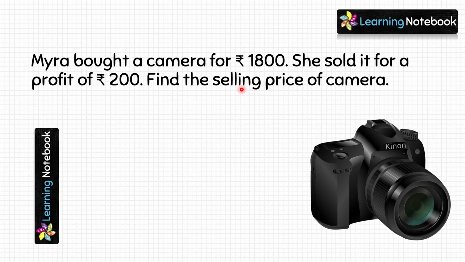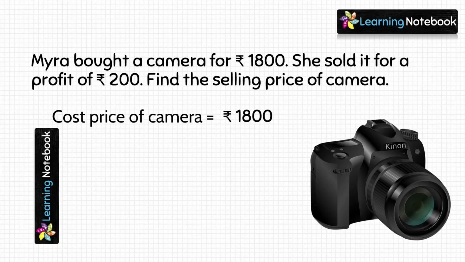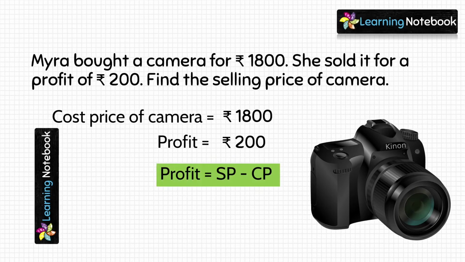So let's solve it. Cost price of camera equals to rupees 1800. Next, profit equals to rupees 200. And we know profit equals to selling price minus cost price. So let's put both the values here and we get 200 equals to SP minus 1800.